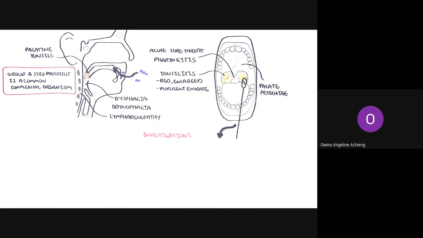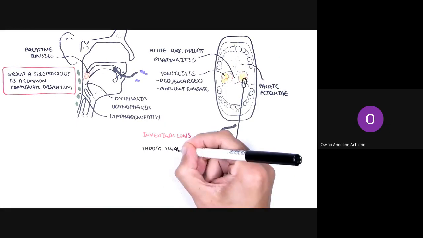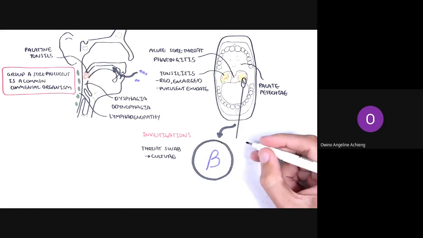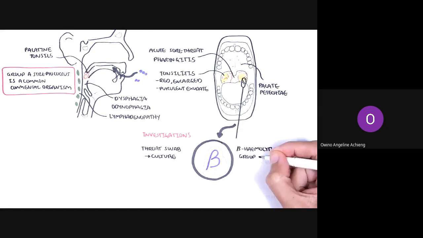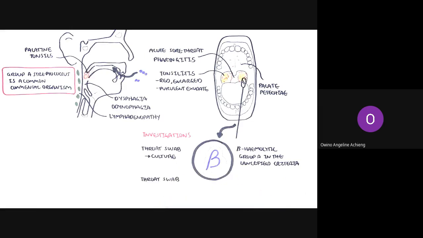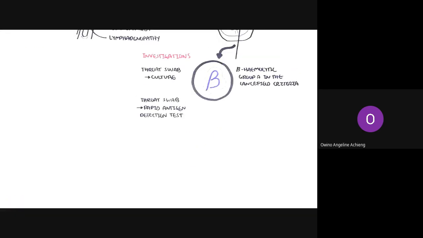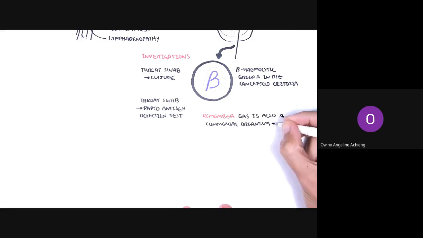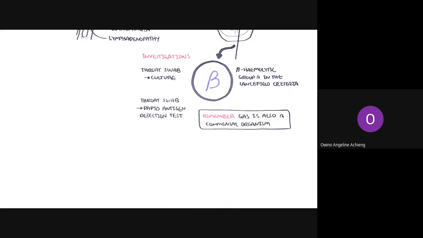A throat swab with microscopic culture and sensitivity in blood agar will help diagnose group A Streptococcus because it will show a beta hemolytic cocci. The throat swab for rapid antigen detection, RADT, can also be used. In general, though, throat swabs are not very useful because remember, group A Streptococcus are commensal organisms in many people.